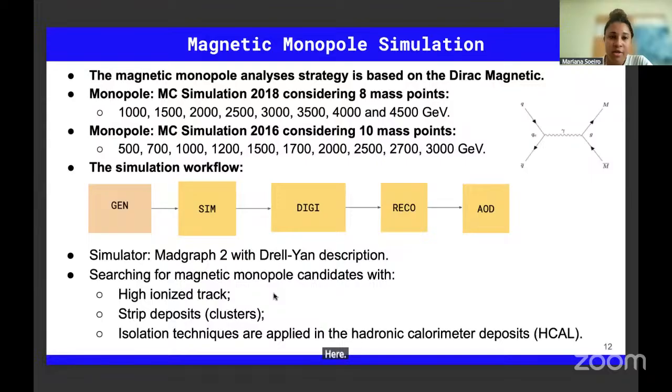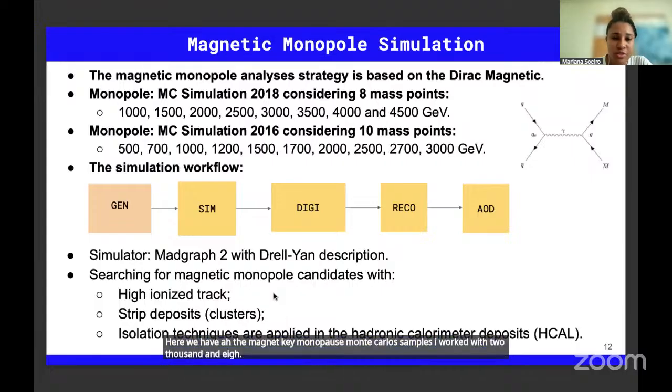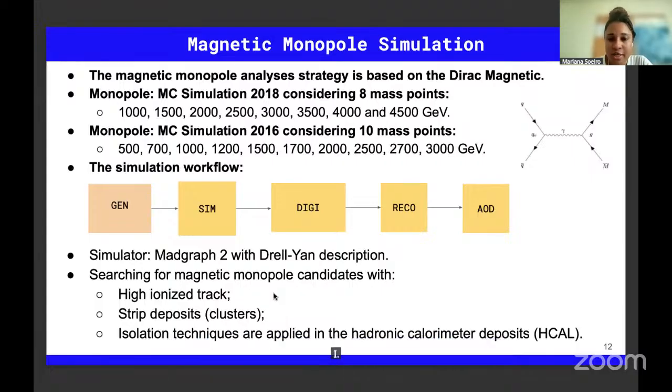Here we have the magnetic monopole Monte Carlo samples. I work with 2018 and 2016. I don't generate those samples, but I basically work on that to understand how we can proceed with that analysis.